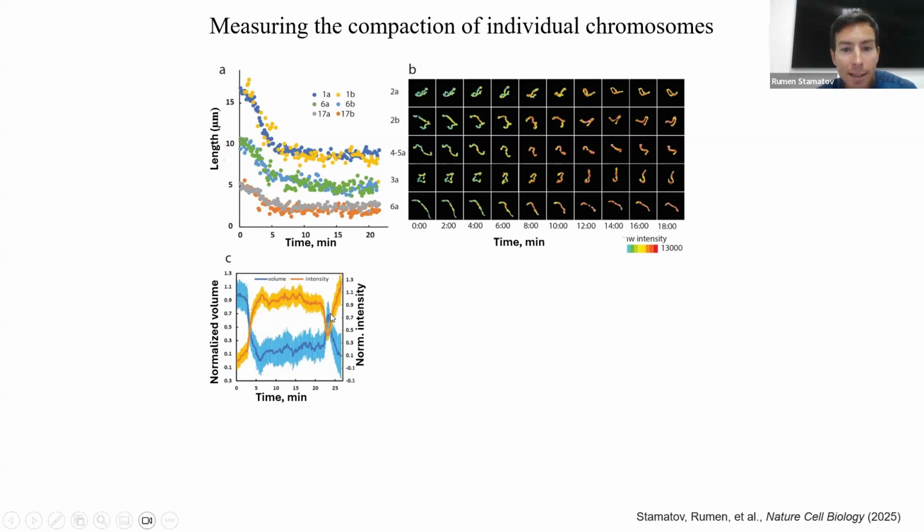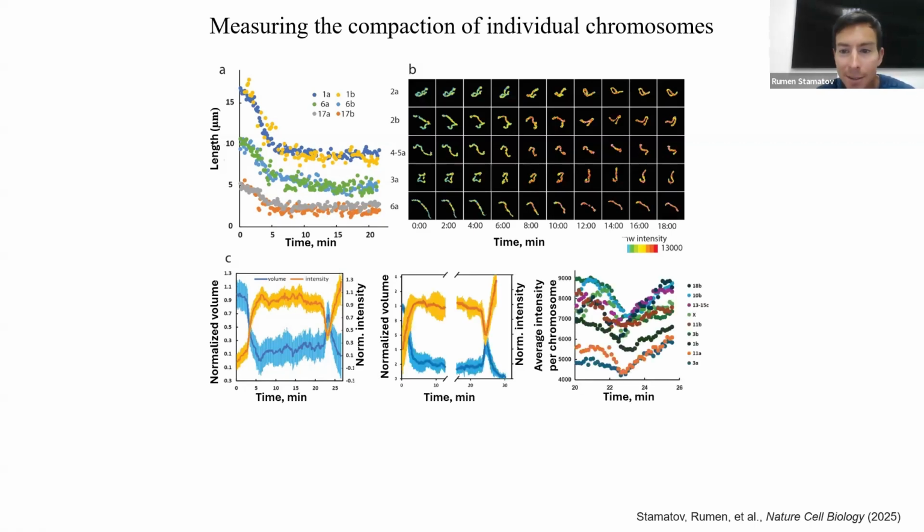But then something very unexpected happens. There is a dramatic change in the signal at anaphase. So it looks like there is a brief decompaction in anaphase before the compaction resumes and becomes even more pronounced in telophase. And we can see this effect even at the level of individual chromosomes.